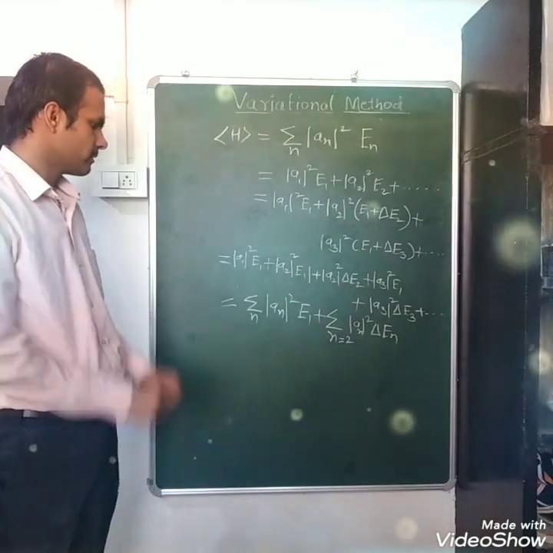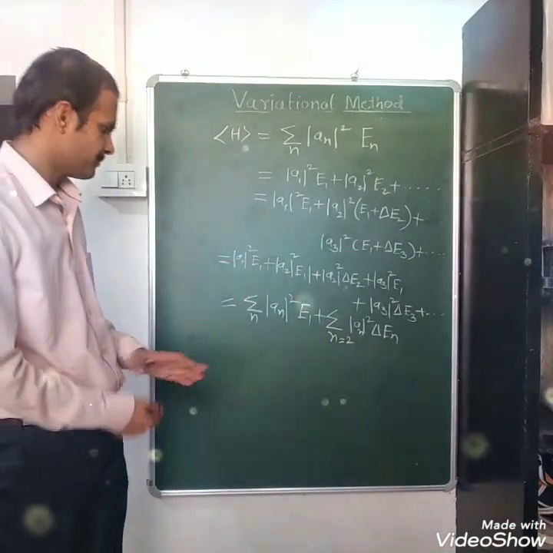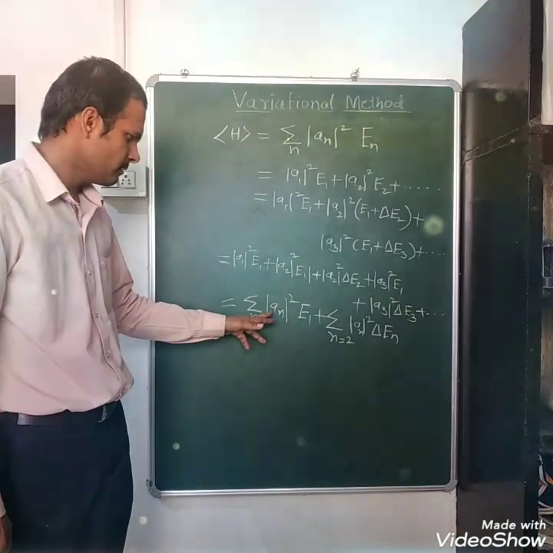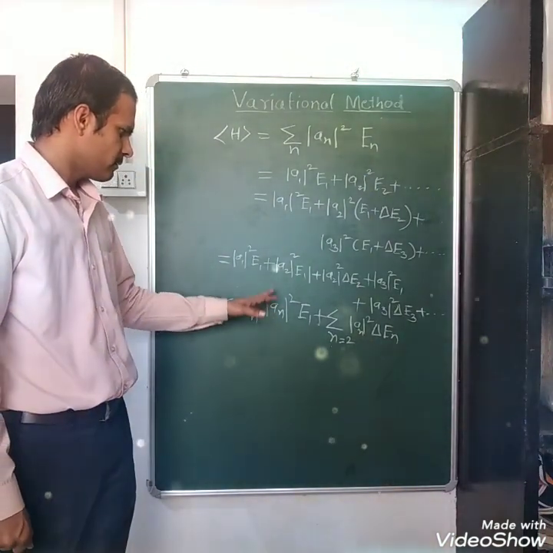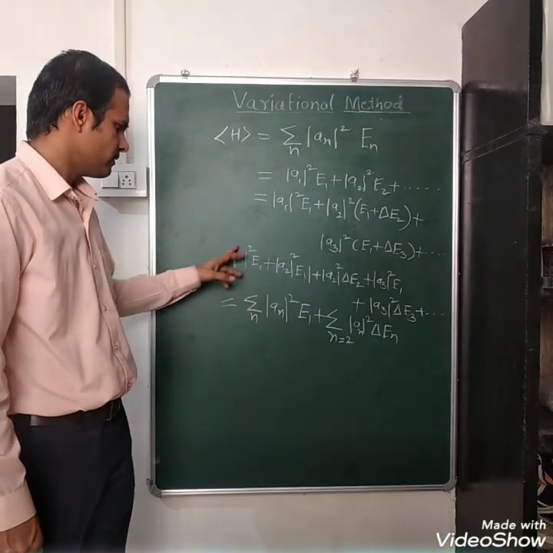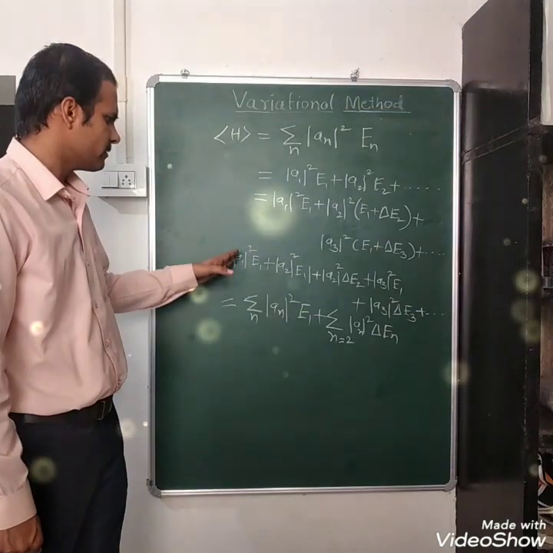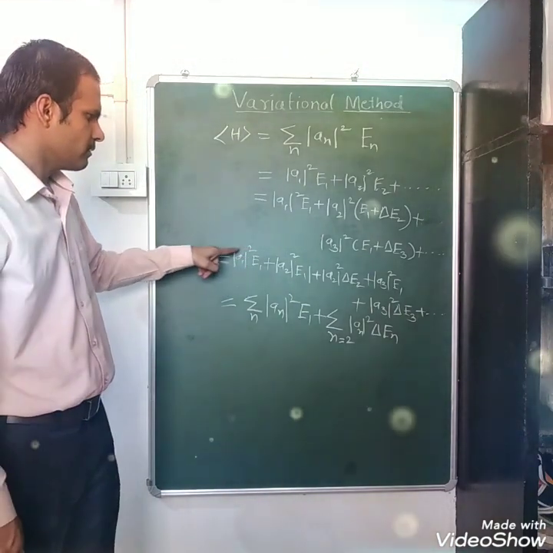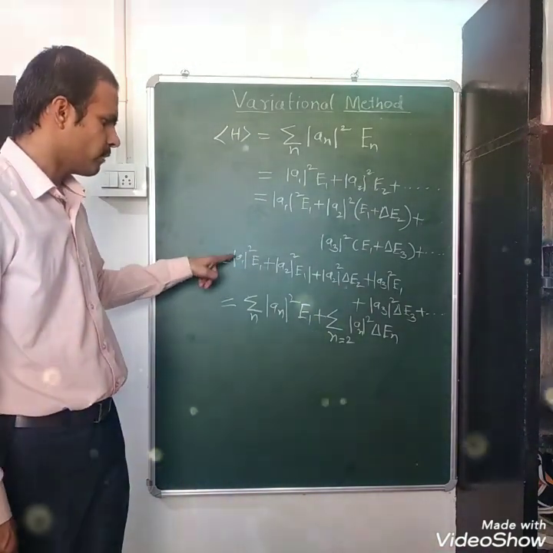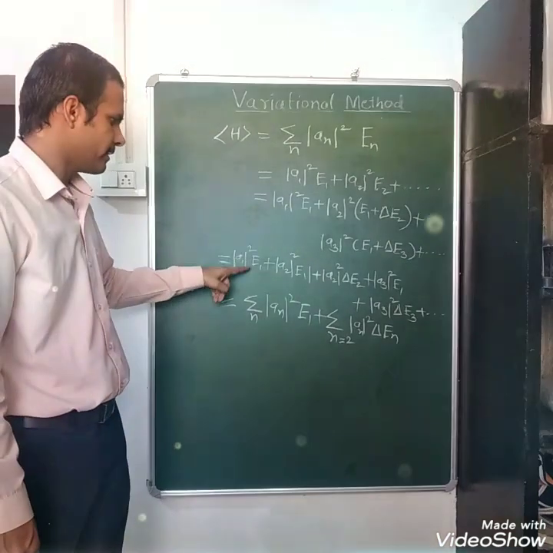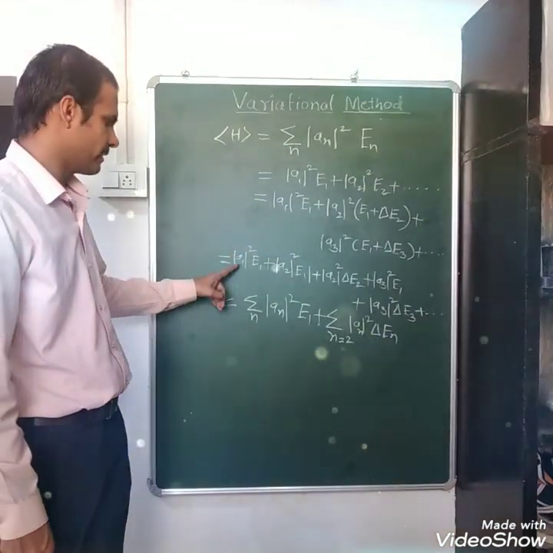Now another thing, we know that what is a1 square? A1 square gives us the probability of finding the system in the state 1, that is the eigenstate E1 or first eigenstate.